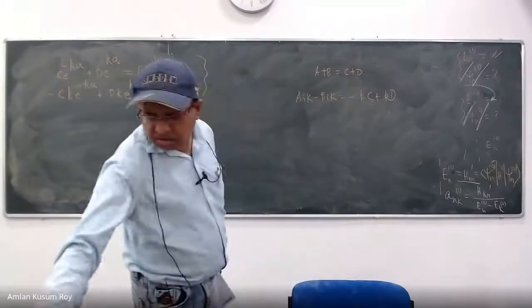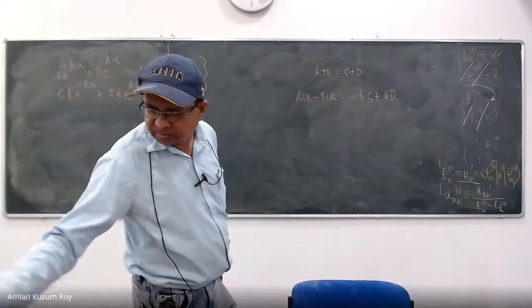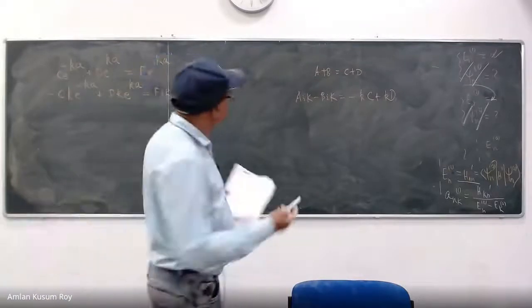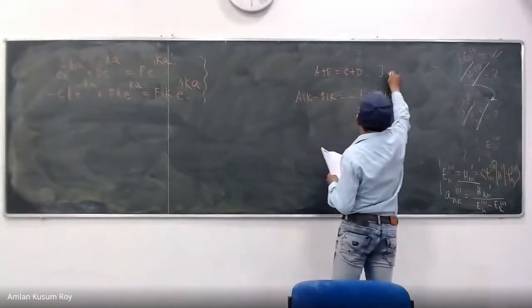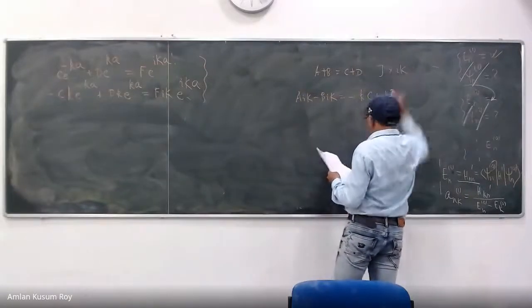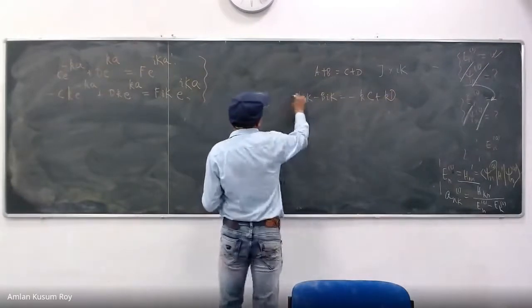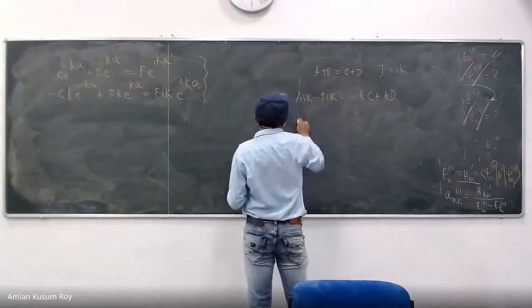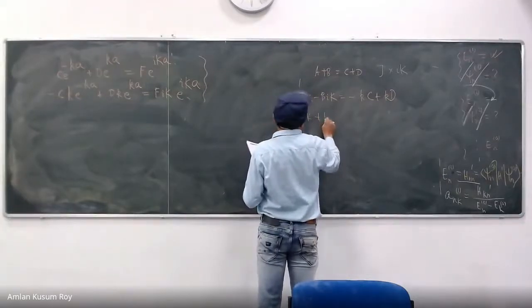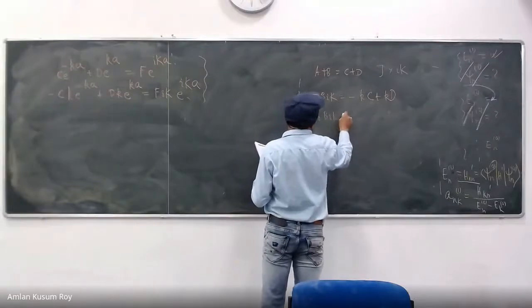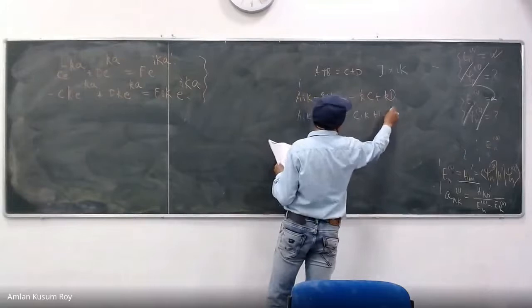Okay, so we can do several things. We can first simplify these two. So let us write, AIK plus BIK is equal to CIK plus DIK.